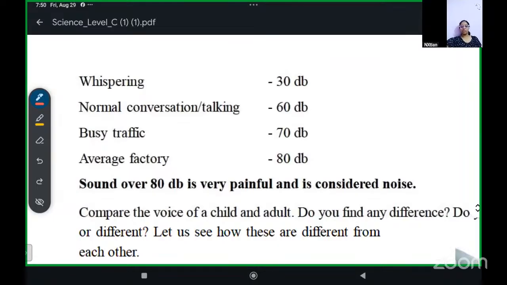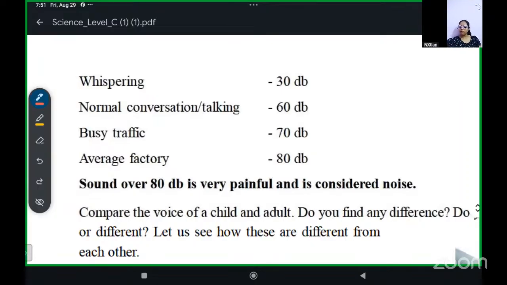Normal conversation is 60 decibel. Busy traffic is 70 decibel. An average factory is 80 decibel. Some factories are 90 decibel, over 80, because some are very noisy and make a lot of sound.